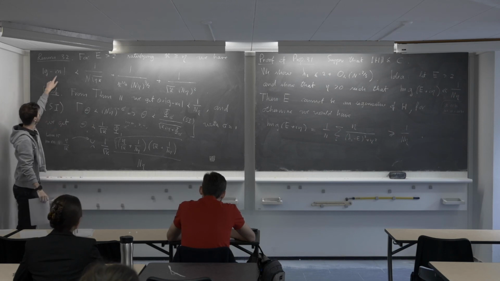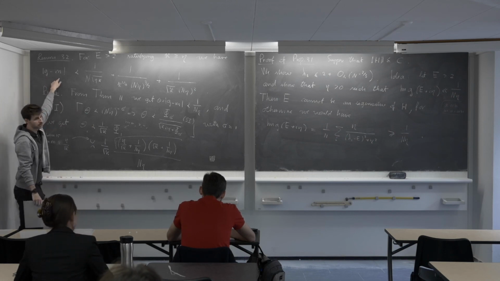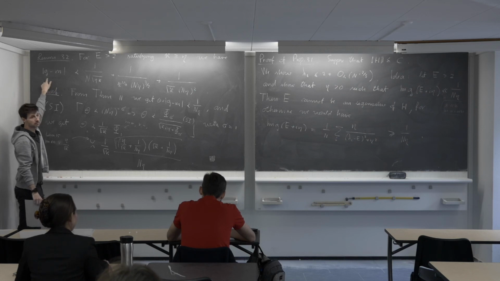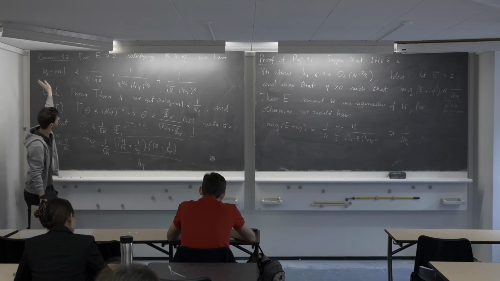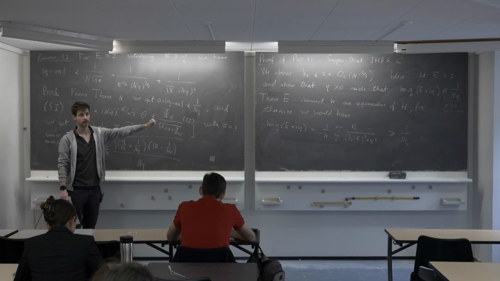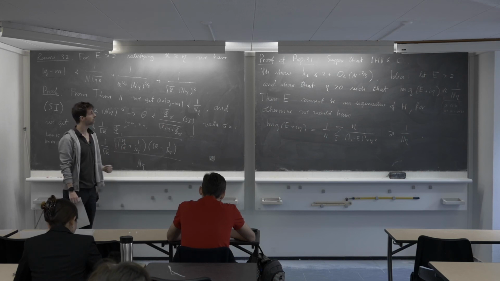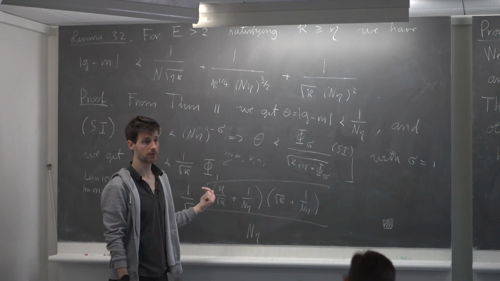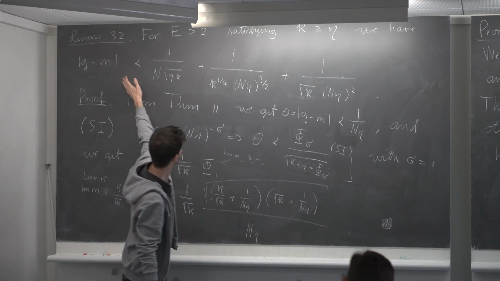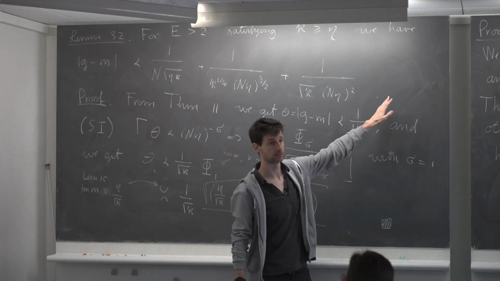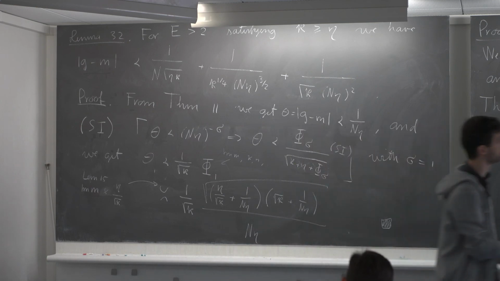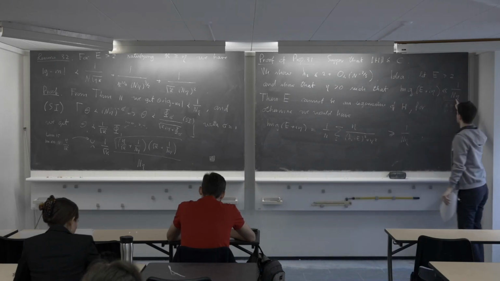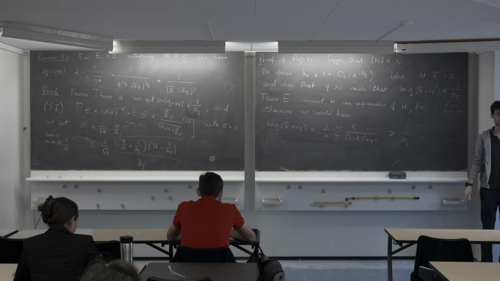So we have control on G. We estimate the imaginary part of G by the imaginary part of M plus all of this. And then we ask ourselves, is there a range of parameters kappa and eta where all of these terms plus the imaginary part of M is much smaller than this? If the answer is yes, then in that region you cannot have any eigenvalues.